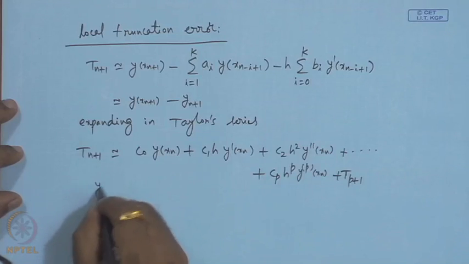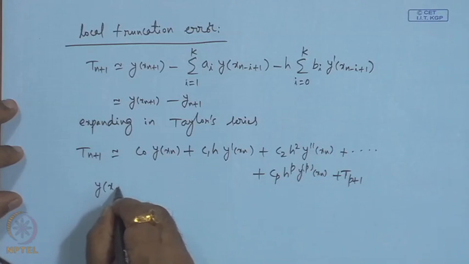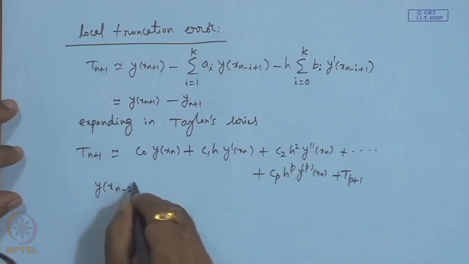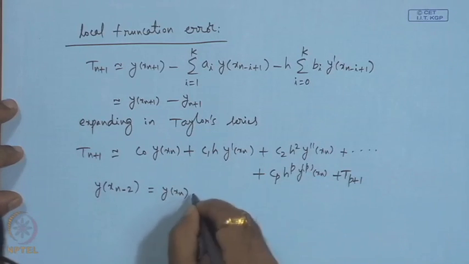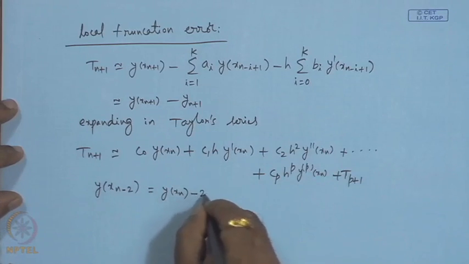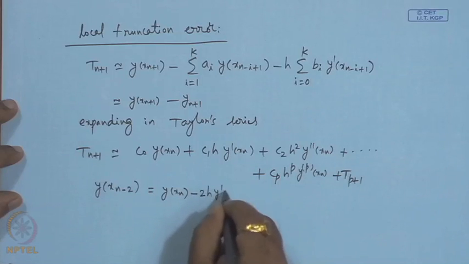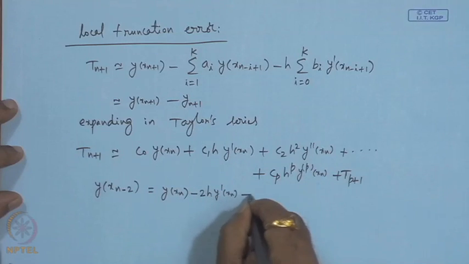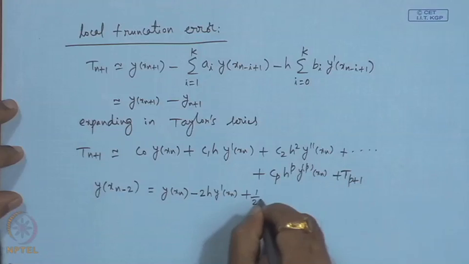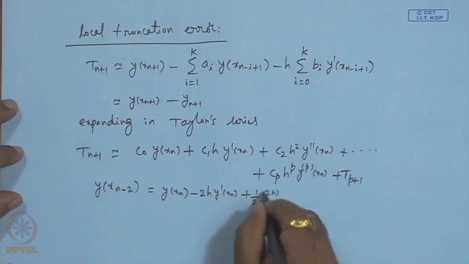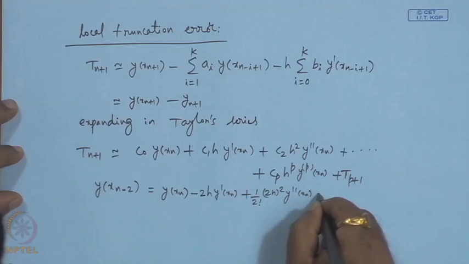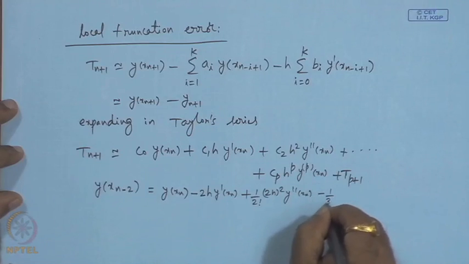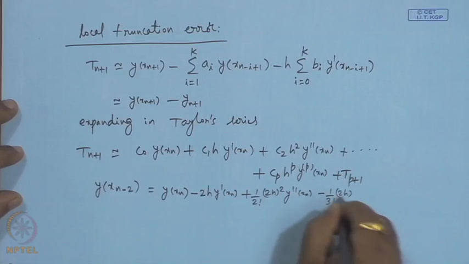See, for example, I can take an example and do it. For example, we need to expand y of x n minus 2. So, this will be y of x n minus 2 h y dash of x n plus 2 h square y double dash of x n minus 2 h cube and so on.